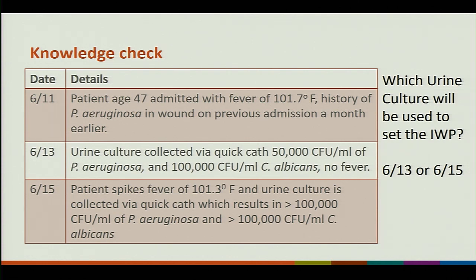On 6/15, patient spikes a fever, 101.3, and the urine is collected via quick cath again, and the result is greater than 100,000 Pseudomonas and greater than 100,000 C. albicans. Which urine culture will be used to set the IWP, 6/13 or 6/15?